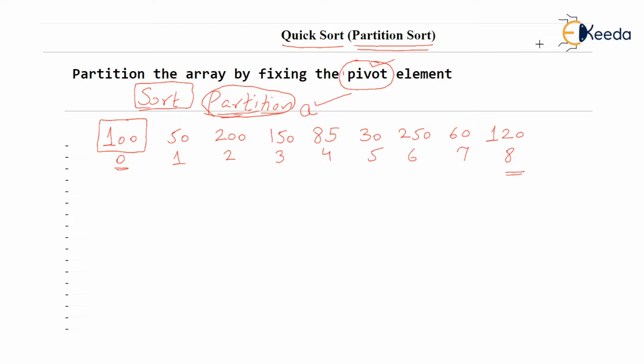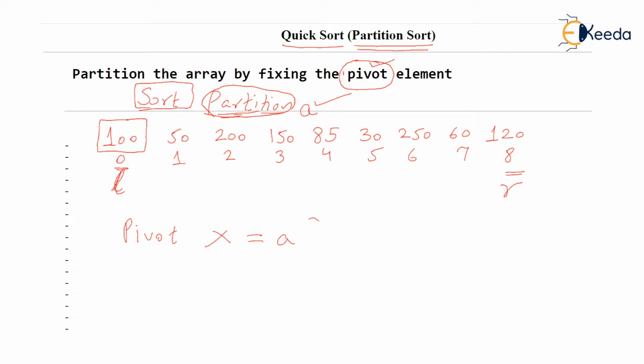If we call this position 0 the L position, the left position, and this last position, the 8th position, R, the right, then we have been given an array from position L to position R, and the pivot we have selected, let's call it X, is A of L, isn't it?